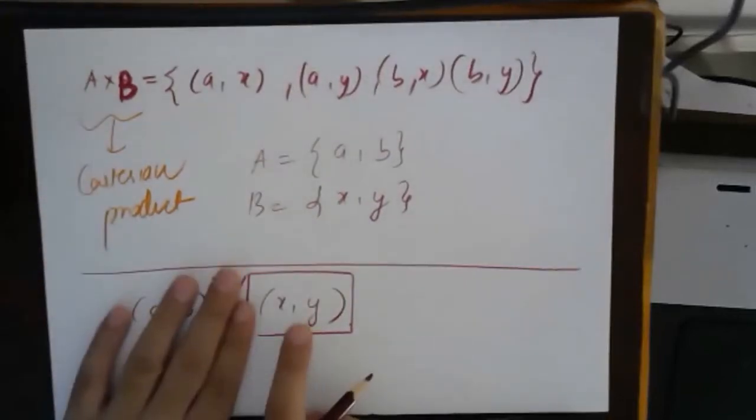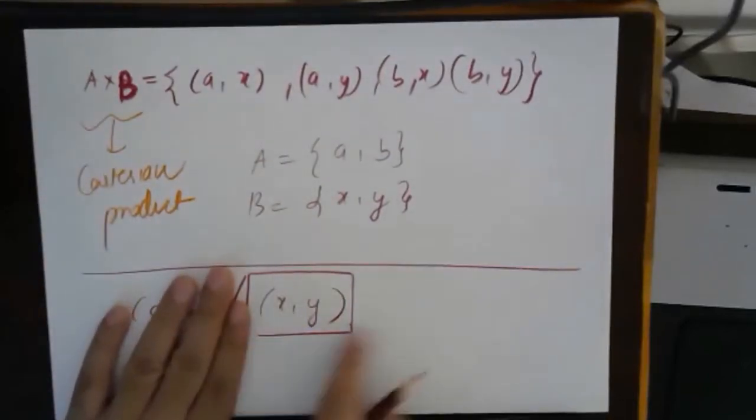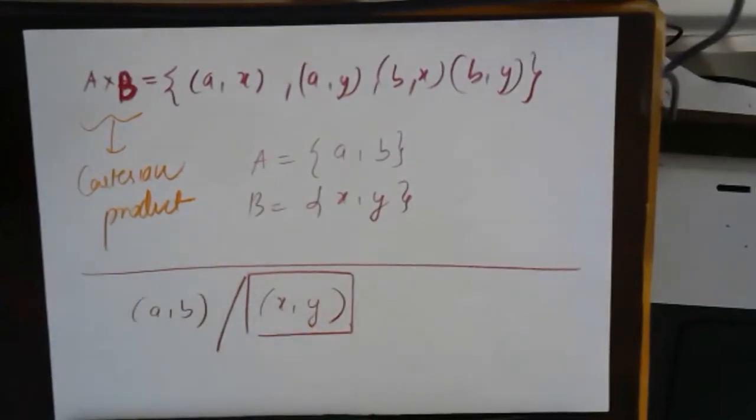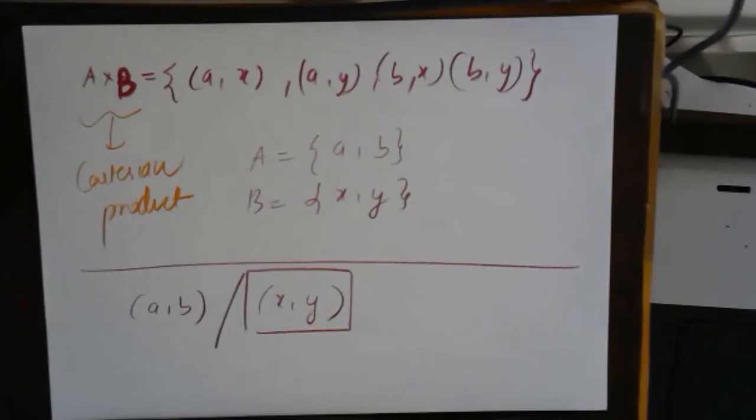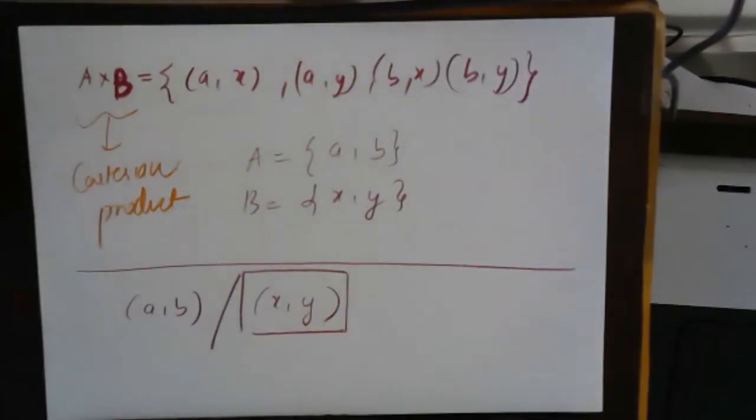In bracket x comma y. Coordinates, in coordinate geometry, in a graph. Very good. We have seen something like this in coordinate geometry. Yes or no?